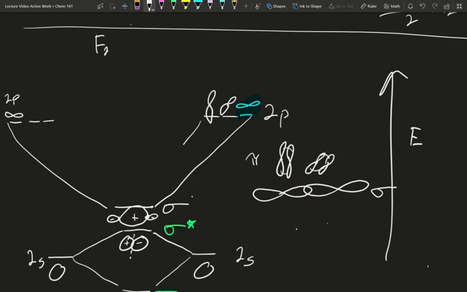My pi orbitals, I get two sets. We get the up and down, as we said, and the in and the out. What does that end up looking like? Well, effectively, I've got a nucleus, and you get a bulb on top, and you get a bulb on bottom.